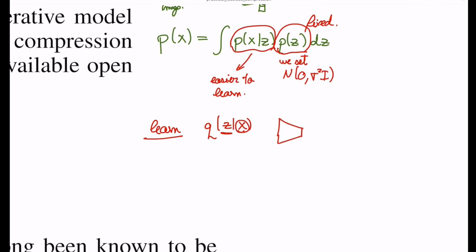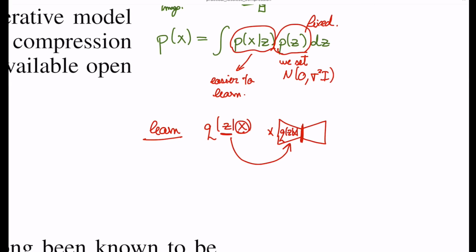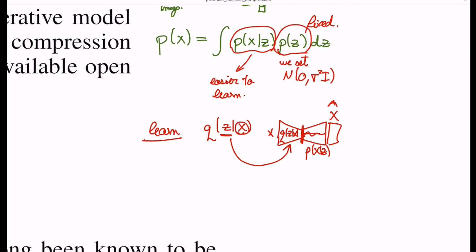If you are familiar with an autoencoder, this is exactly what the encoder does. Given an X, it provides you a distribution over the latent variables. Now you are sampling one, and then you are creating one, the decoder being P of X given Z, and here you are getting a reconstruction, which is technically a sample.